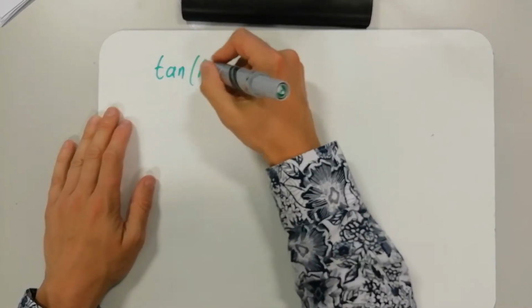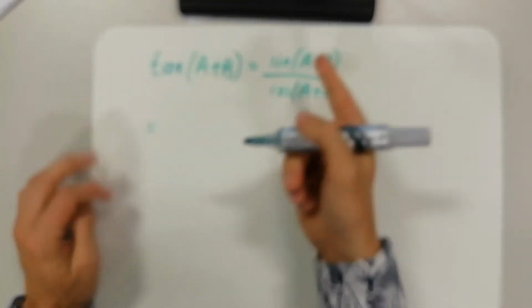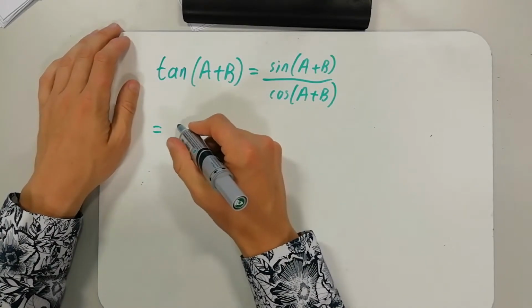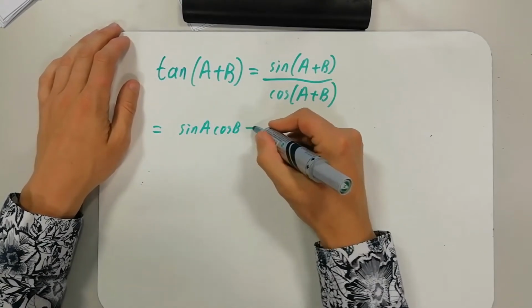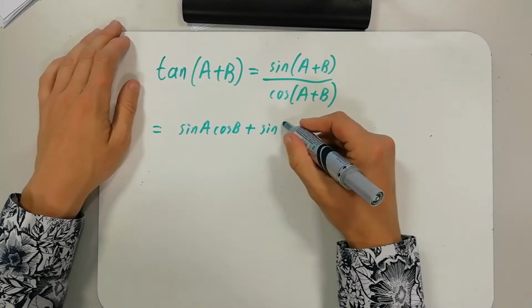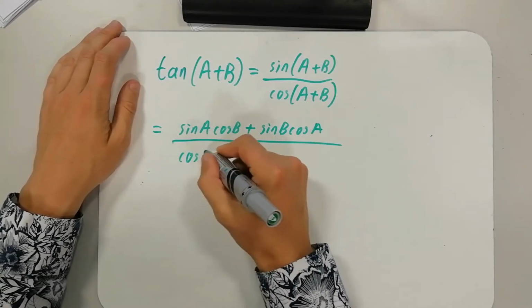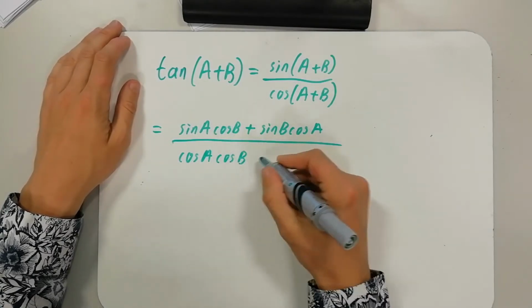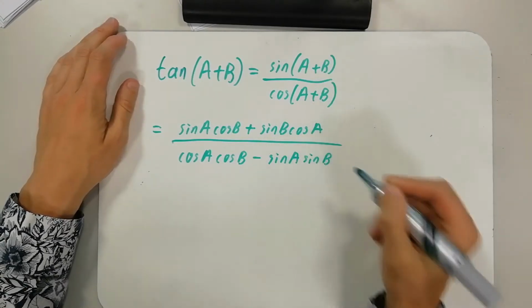Tan of A plus B is equal to sine of A plus B all over cos A plus B. Using the expansions we've just discovered, we get sine A cos B plus sine B cos A over cos A cos B minus sine A sine B.